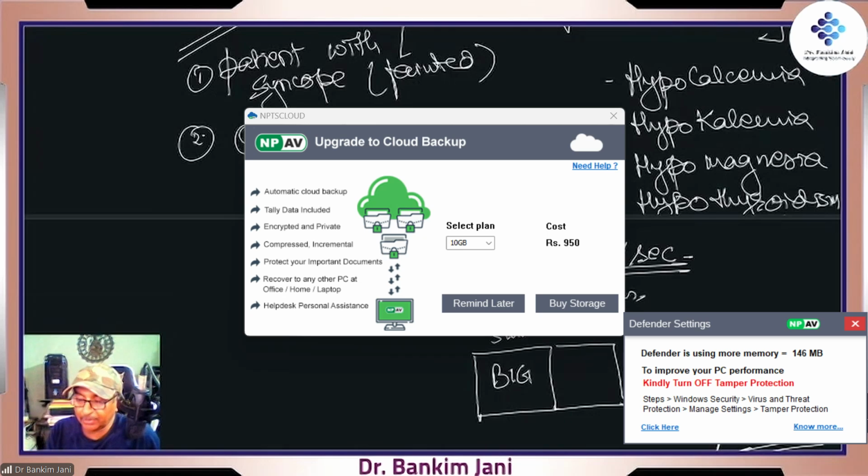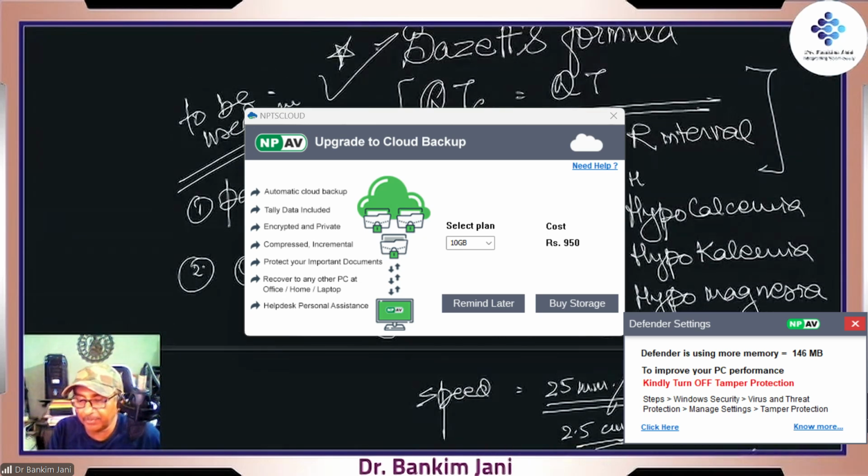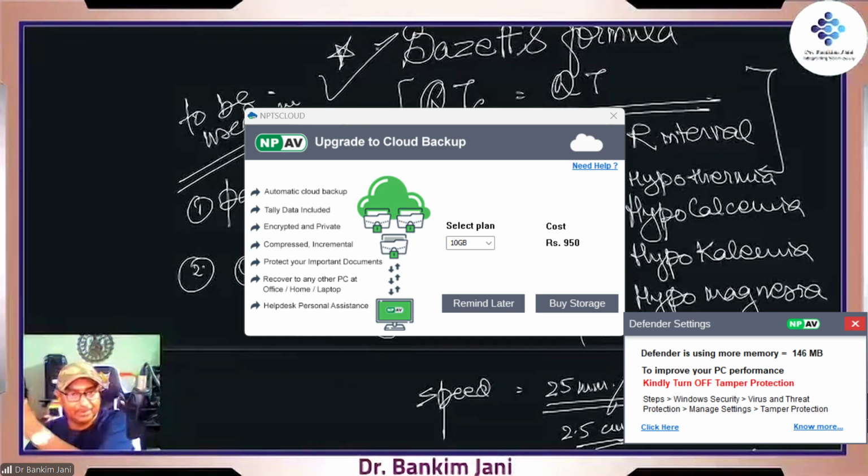It gets prolonged even in case of hypothermia, when the body cools down, especially for those who are going to the poles, North Pole, South Pole, extreme cold. When the thermoregulatory system goes away, in all these cases, the QT level is prolonged.